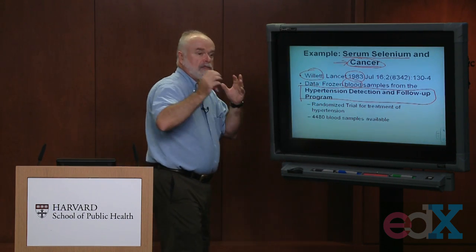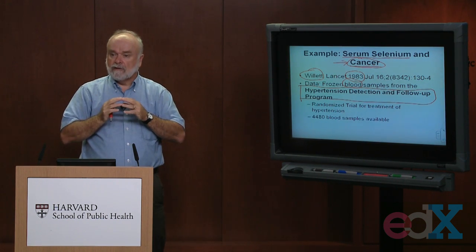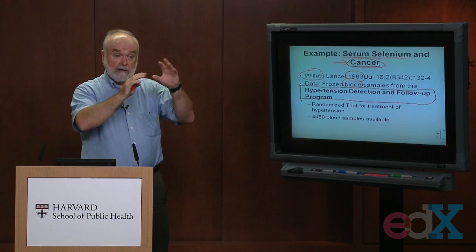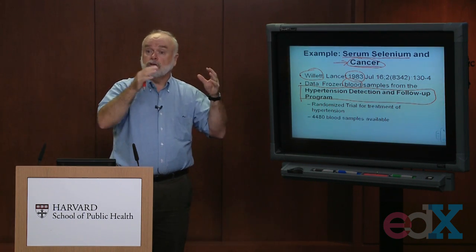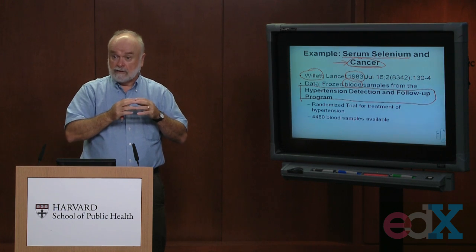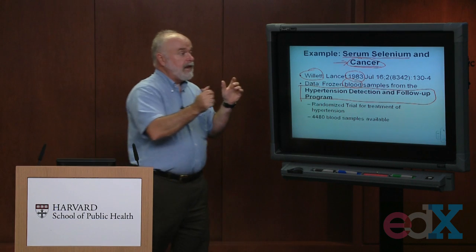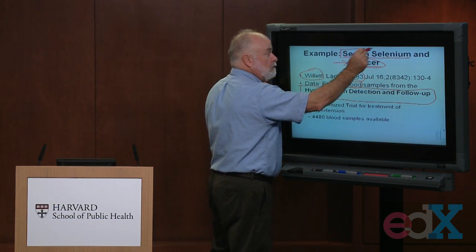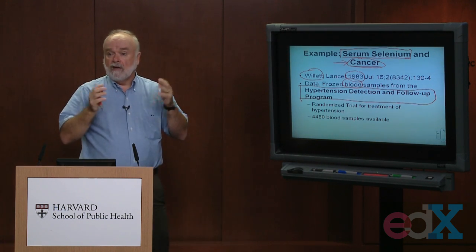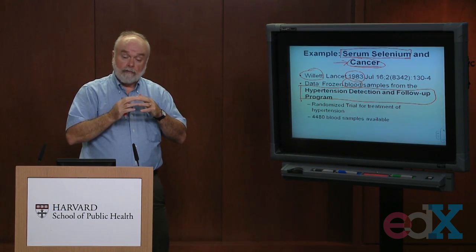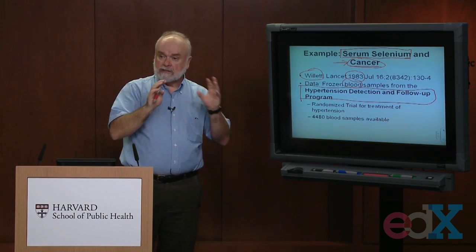So you have the potential of enrolling those cancer patients as cases in your case control study. You also have blood specimens on other people who did not develop cancer, potential controls for your nested case control study. You could take those bloods, analyze them to see what the selenium levels were among those people who developed cancer out of the experience of the Hypertension Detection and Follow-Up Program, and also on a series of non-cases, your controls.